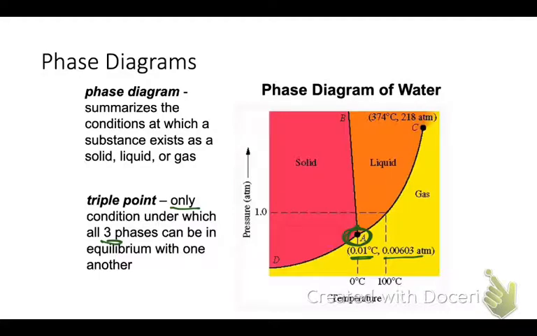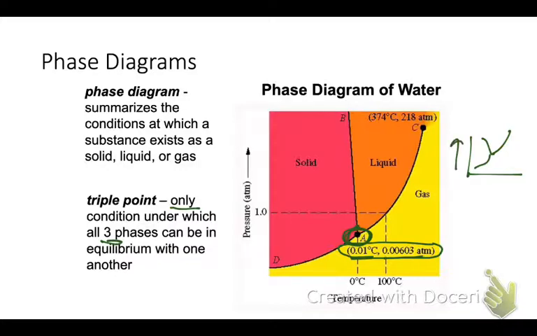That's why you don't see it, because we don't have this condition at room temperature, right? You have to provide special conditions for that. Now, normally when we give you a phase diagram, we will give it to you this way, and you need to know where are the 3 phases.